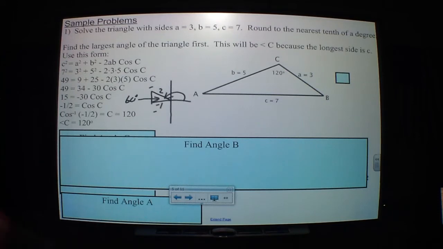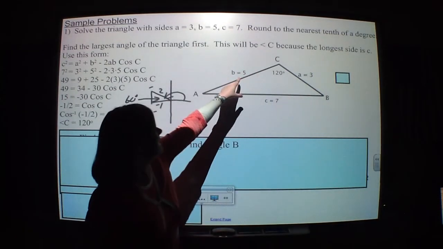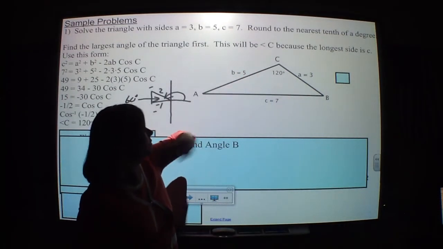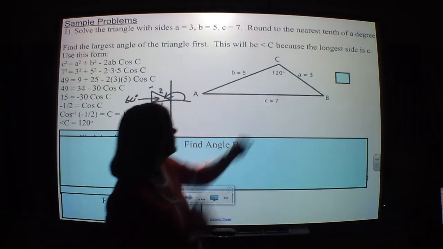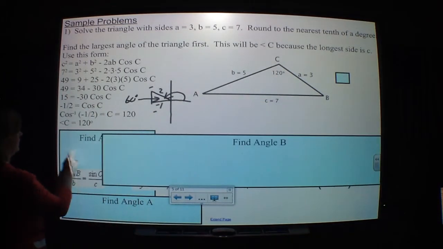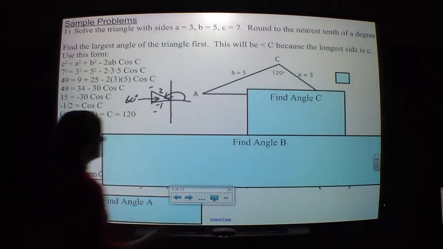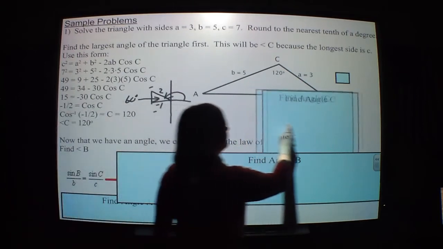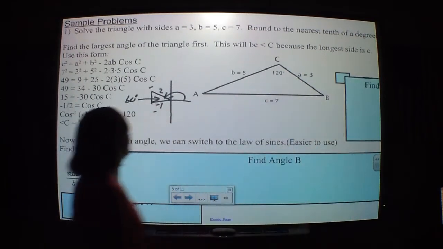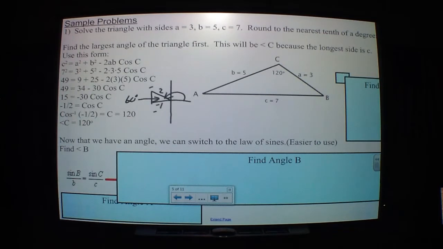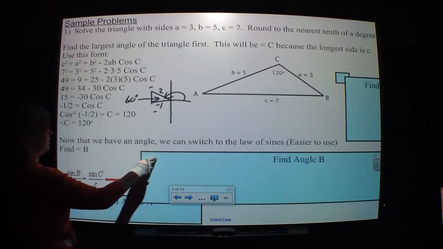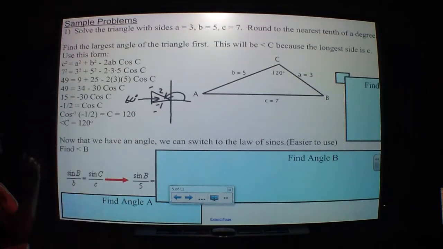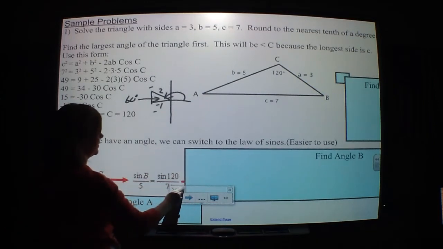So I could use law of sines. The sine of B over side B, which is 5, is equal to the sine of 120 over 7. We're doing law of sines now because it's easier to use.